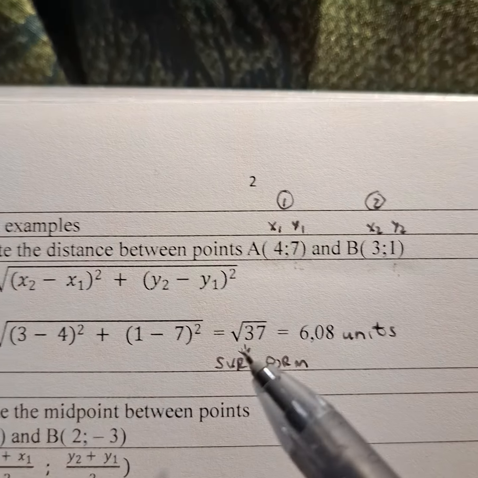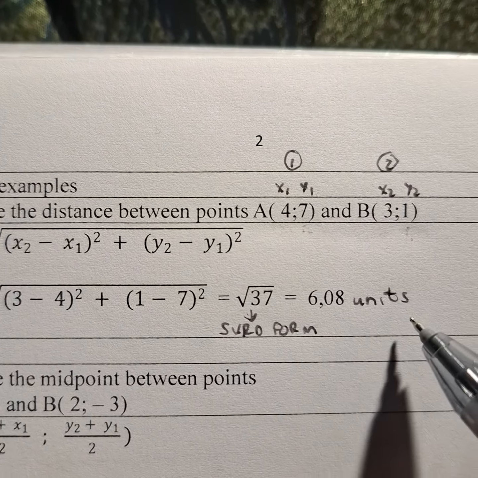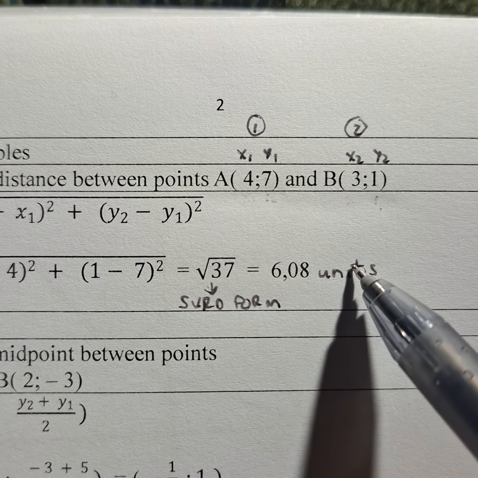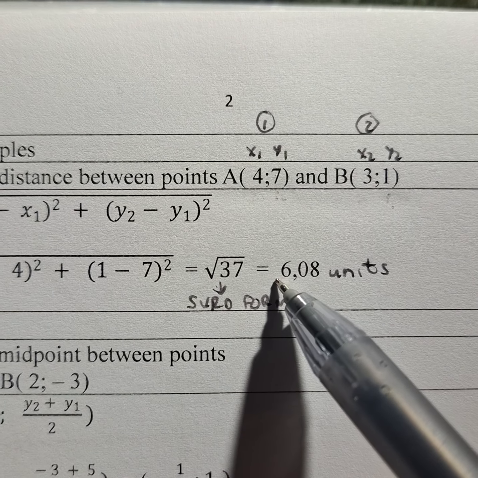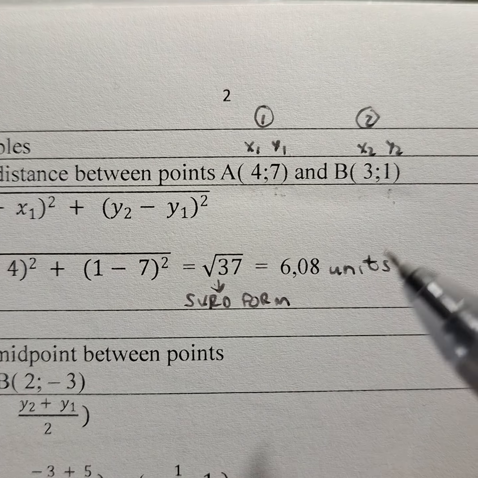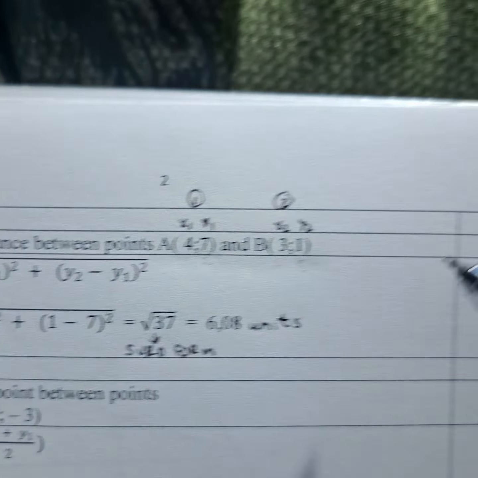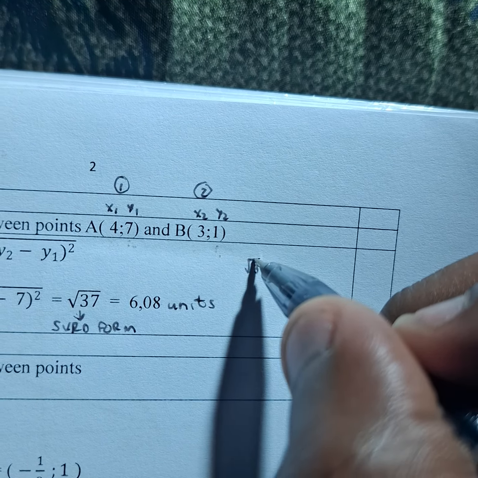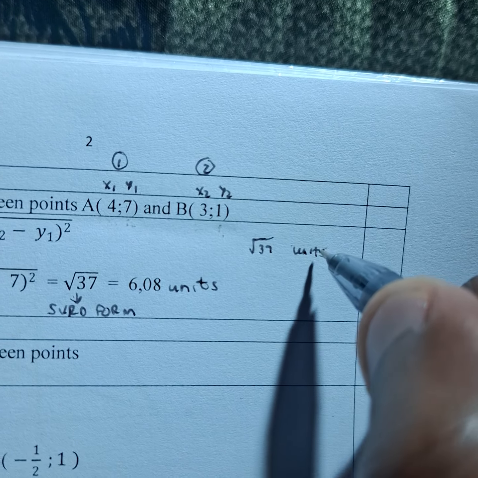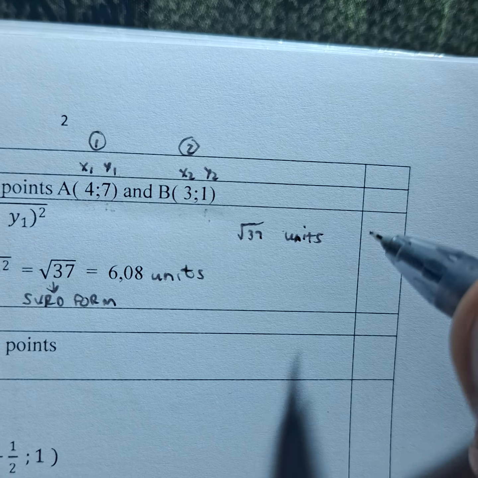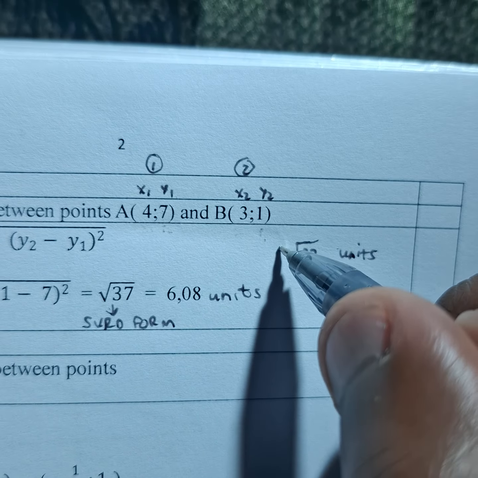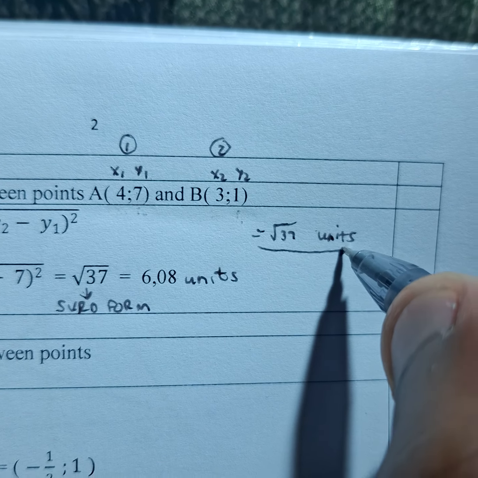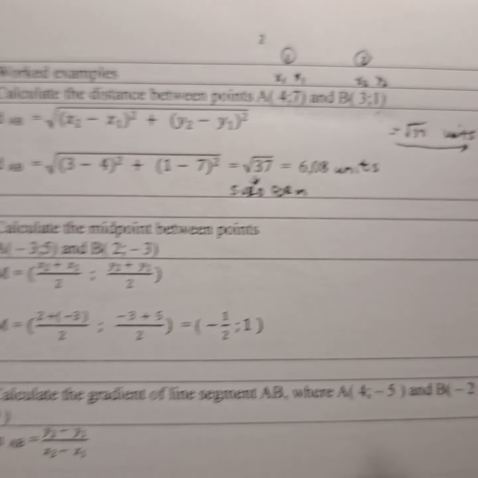Okay, so if they say calculate the distance, leave your answer rounded off to 2 decimal places as per the instruction, then you write 6,08 units. But had they said leave your answer in surd form, then you would write the square root of 37 units, and you leave it like that if they had asked for you to write the answer in surd form.